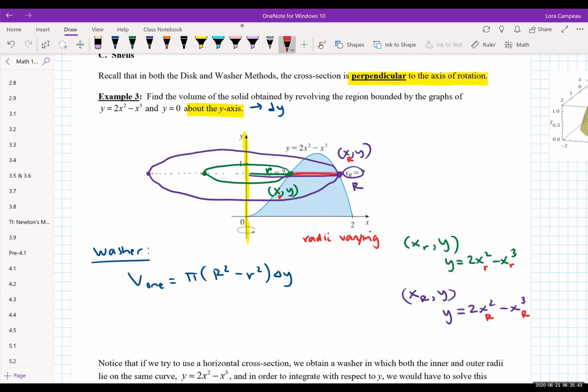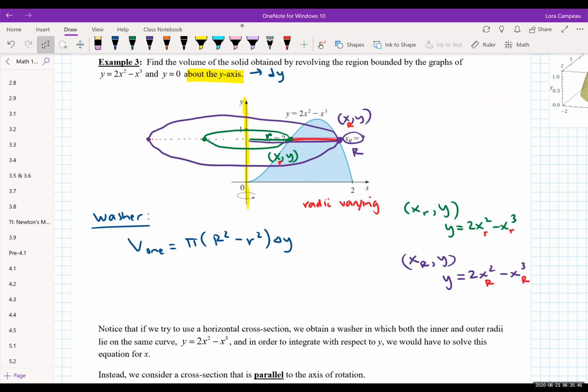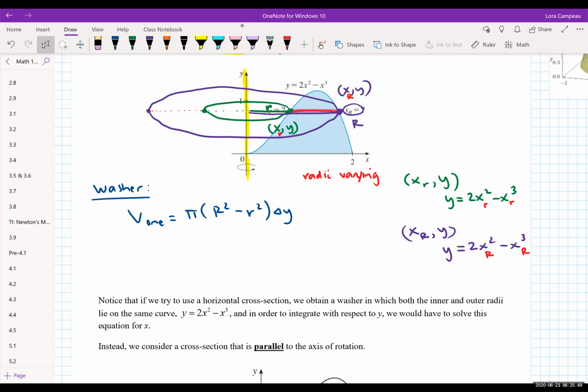So we can do this, no problem. It looks nice from what we're trying to understand. I have my r squared, my r squared.